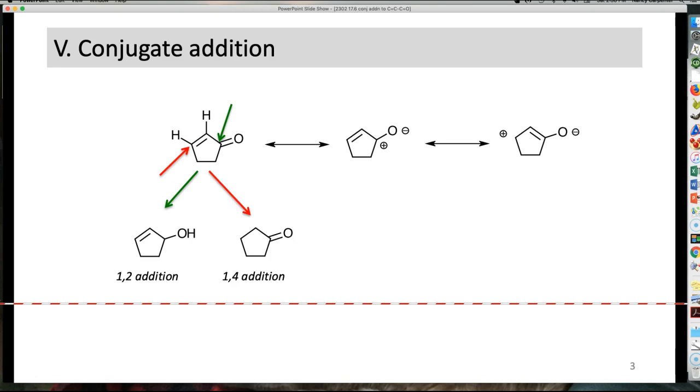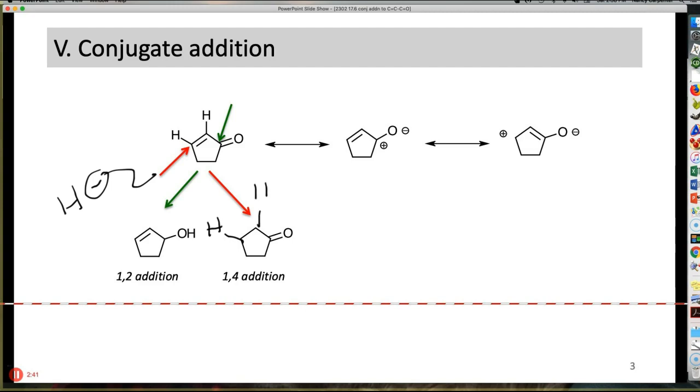In which case, again, if it's an H-, H- attacks there, your alkene disappears. Basically, what you've done is put your H- there, and in workup you put an H+ there. You've got 1,4 addition. The ketone remains untouched. The alkene disappears.